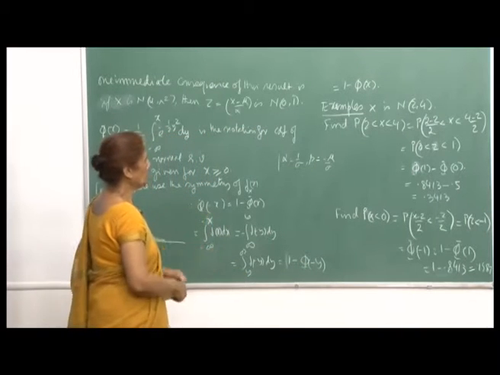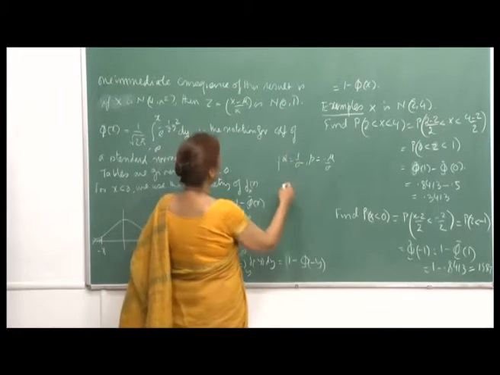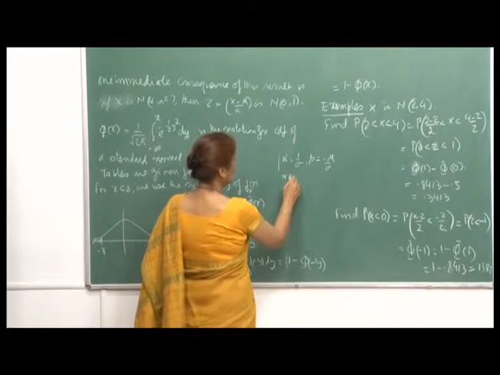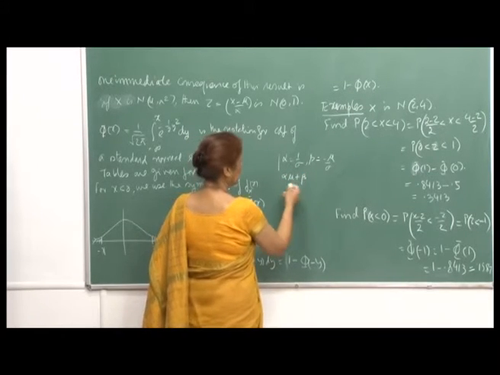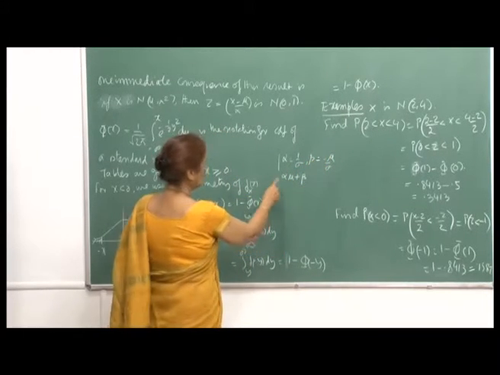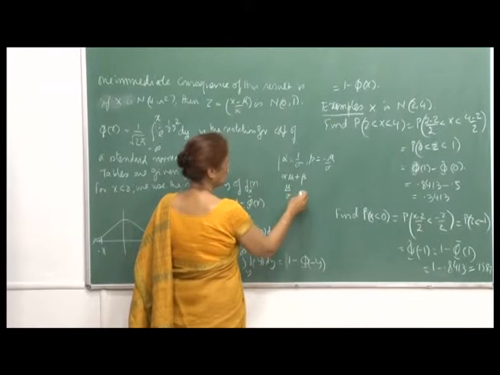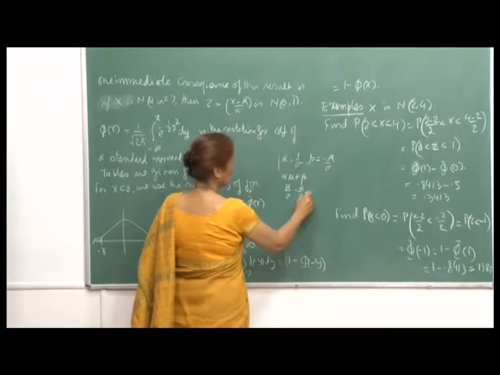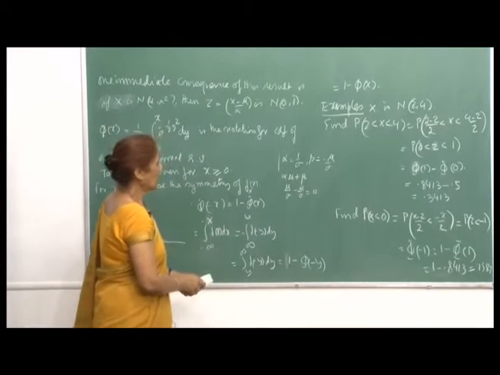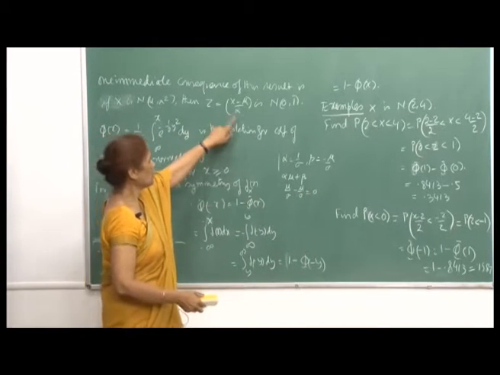Now if you substitute, because we said that the mean will become alpha mu plus beta, here it will become mu by sigma minus mu by sigma. So this is 0. And similarly, you can show that the variance will be 1.